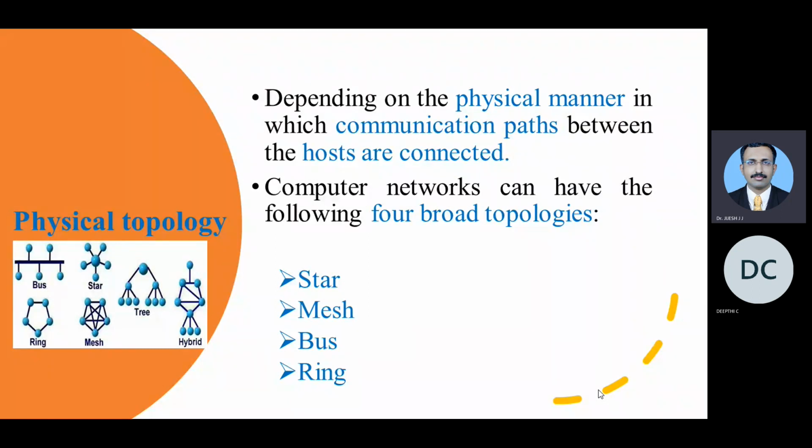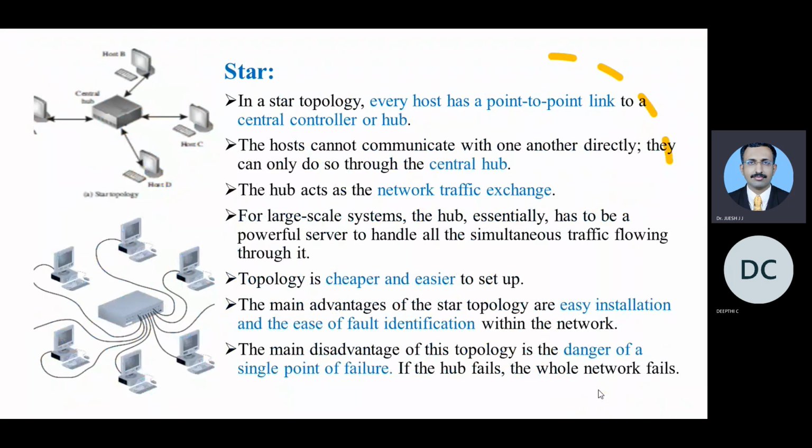So, what is the star topology you have seen? In the star topology, every host is connected to a hub. Any message which has to pass from one host to another host has to pass through the hub. The hub acts as a traffic exchange, and the topology is cheaper and easier to implement because you are just connecting it with a hub and making sure that the data transfer takes place.